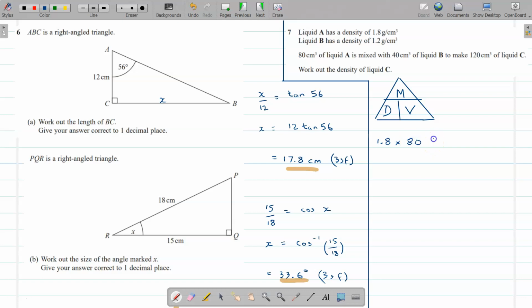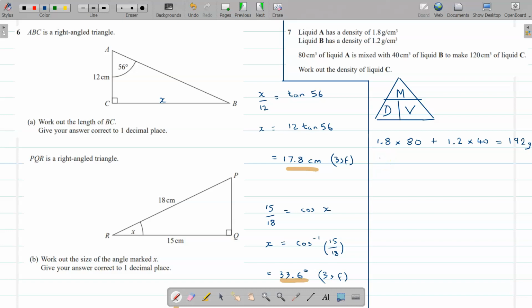That will give me the mass of liquid A. The mass of liquid B is going to be 1.2 times its volume, which is 40. That comes to 192 grams. That's the total mass. The total volume is just going to be 80 plus 40.